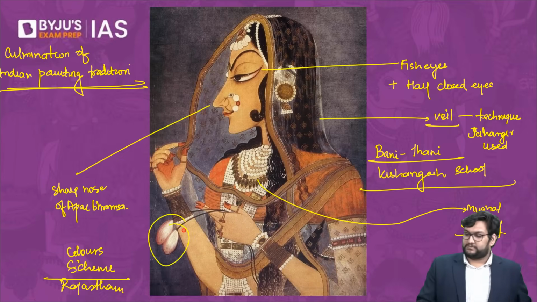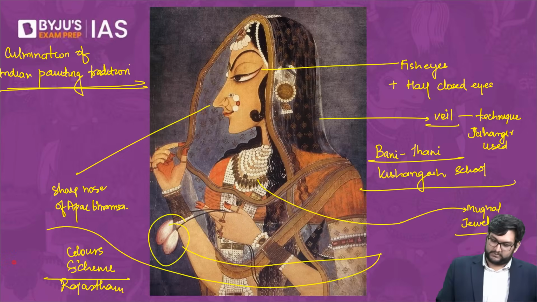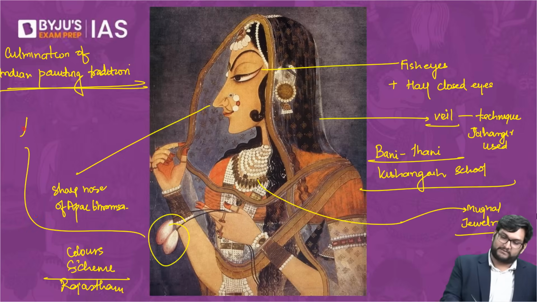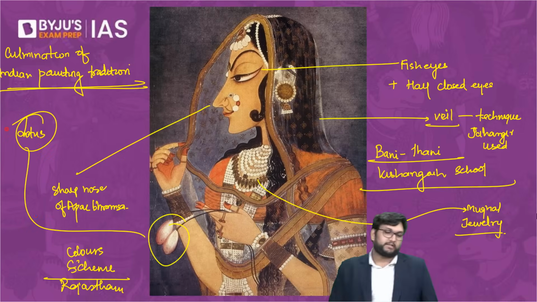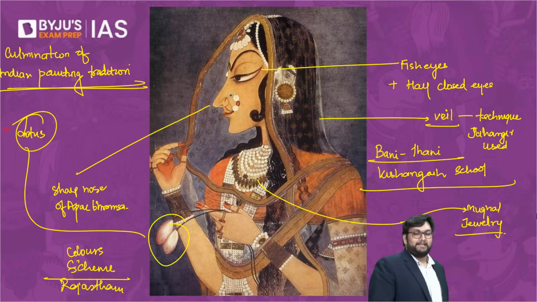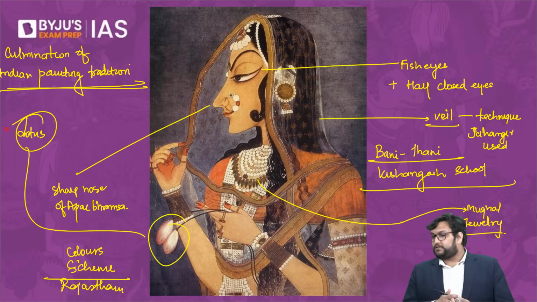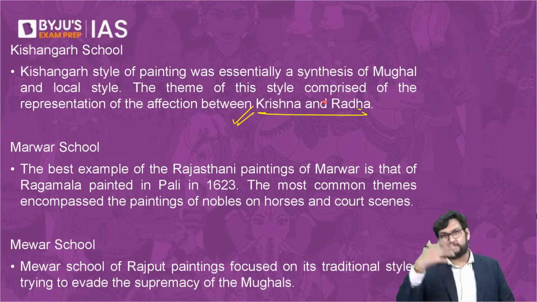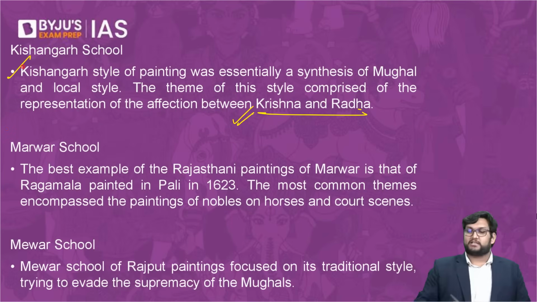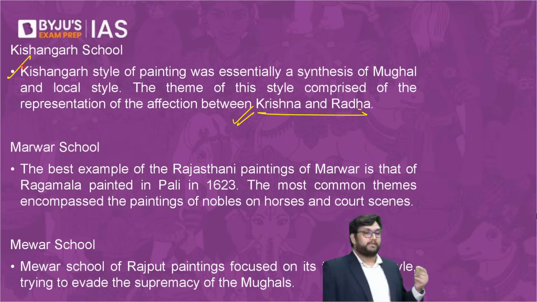And then comes the lotus. Lotus, Bodhisattva Padmapani, lotus connection. And in that sense, the Bani Thani image produced, which is Radha basically, in the Kishangarh school, is a synthesis of Mughal and local styles together.